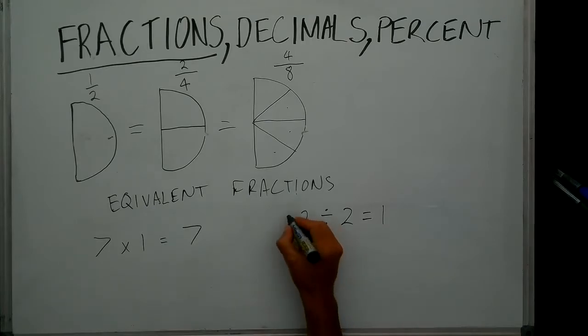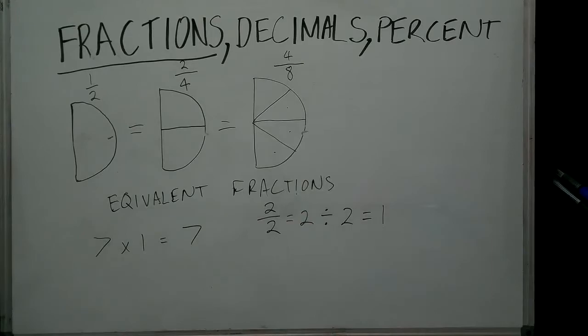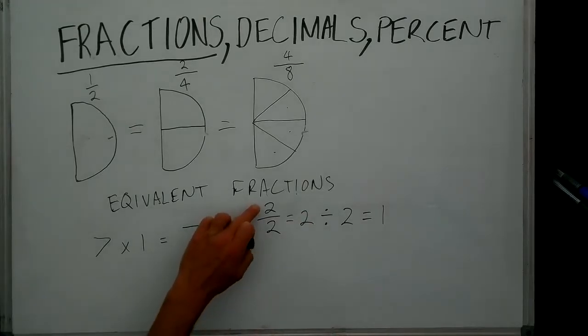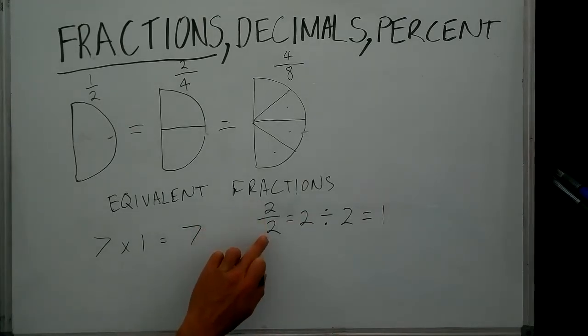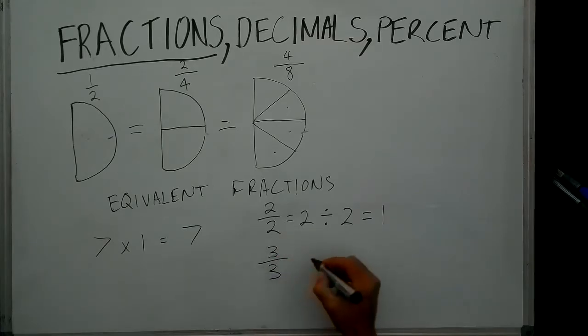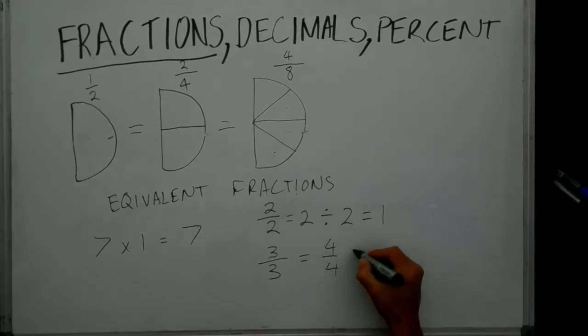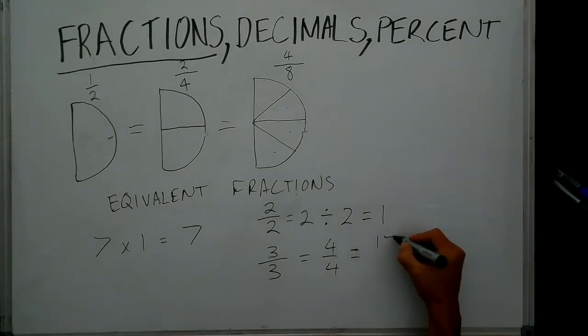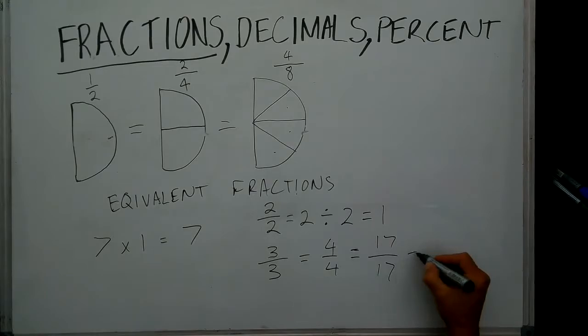But this can also be written as a fraction, 2 over 2. When we've got a fraction with the same number on the top and the bottom, then it's equal to 1. So 3 over 3 equals 4 over 4 equals 17 over 17, and they're all equal to 1.